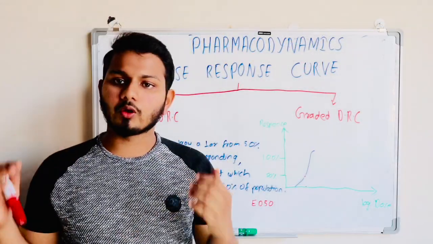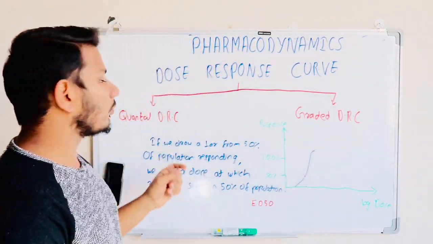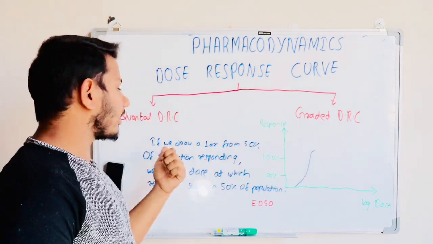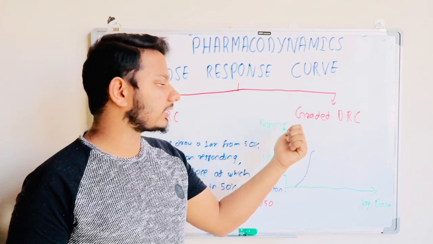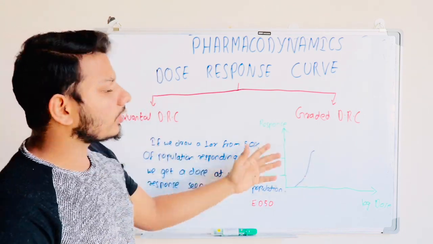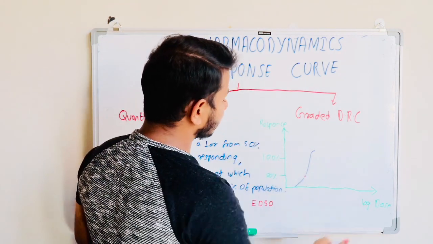Next important topic is the dose response curve. Dose response curves are of two types: there is a quantal dose response curve and there is a graded dose response curve. If you're drawing a graph, let's take this as the response and this as the log dose.